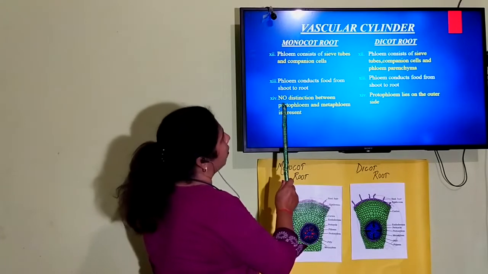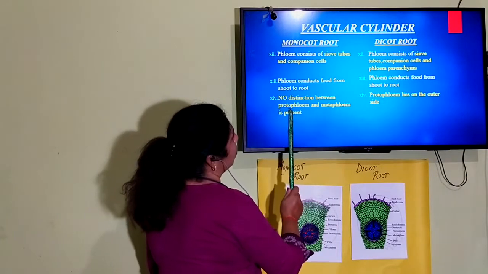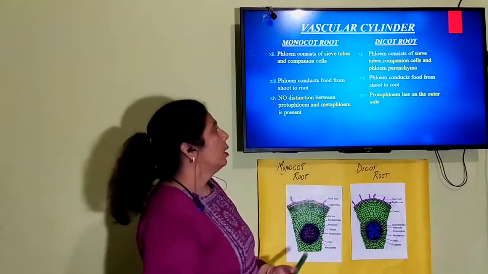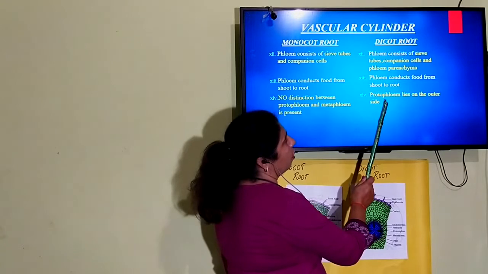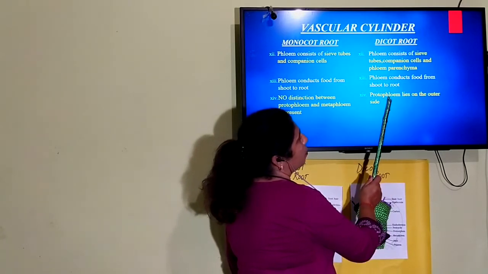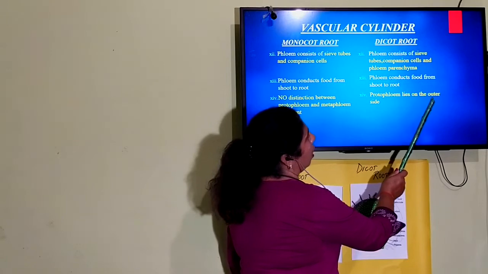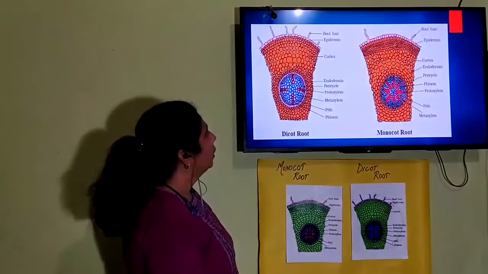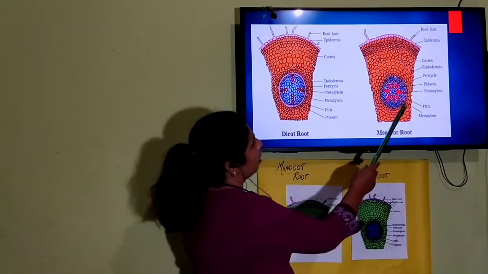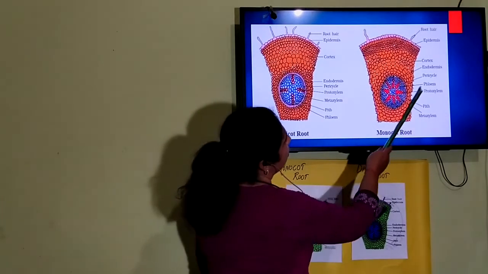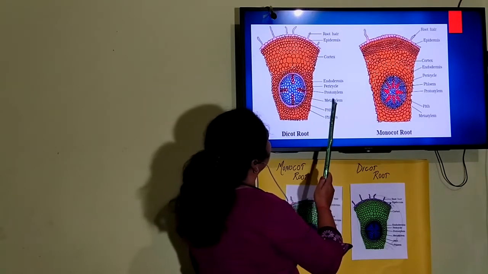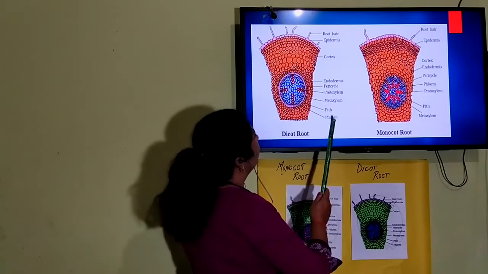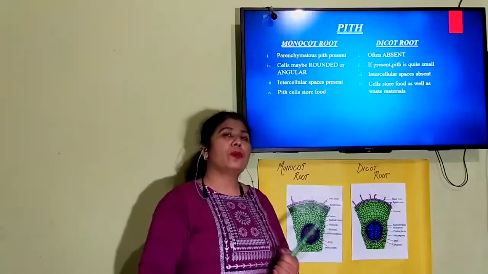But the difference lies here: no distinction between protophloem and metaphloem is present in the case of monocot root. In the dicot root, protophloem lies on the outer side. Now, the innermost part is pith.